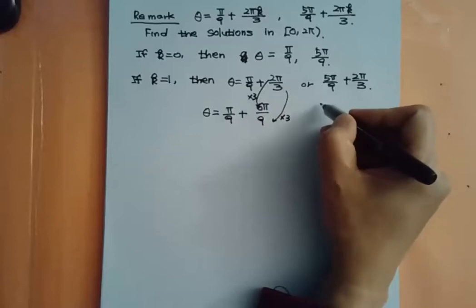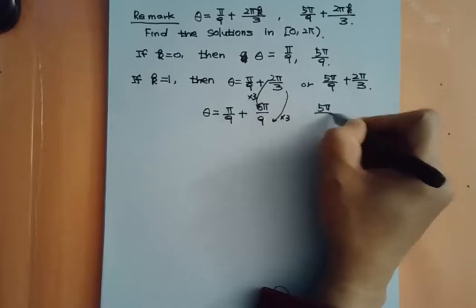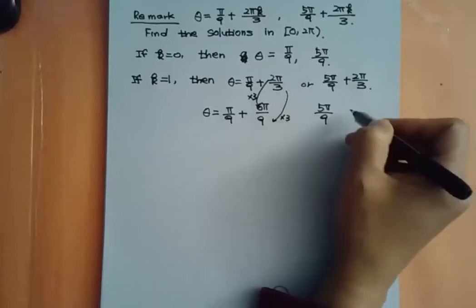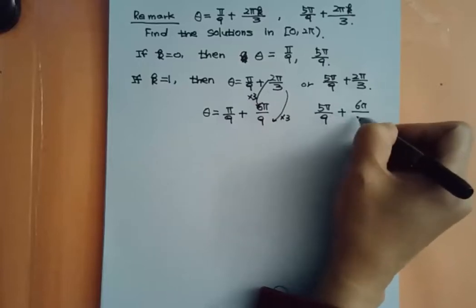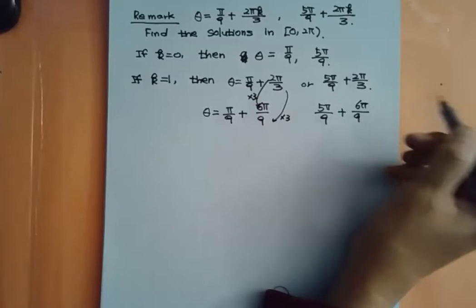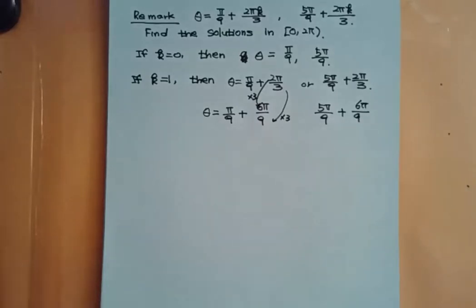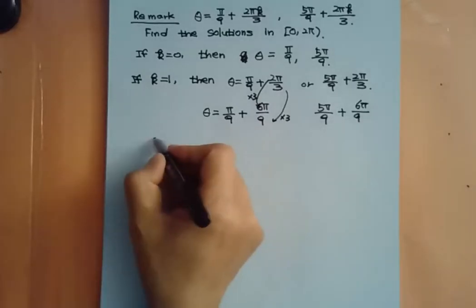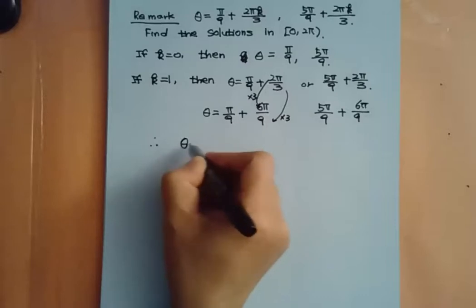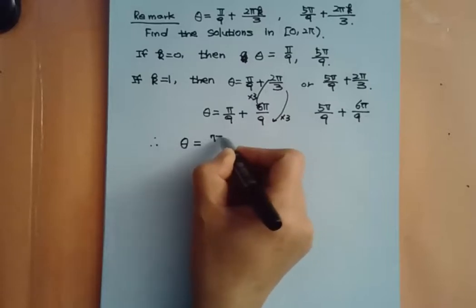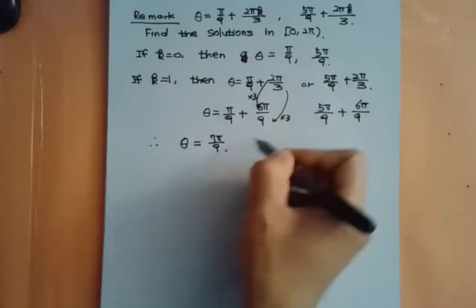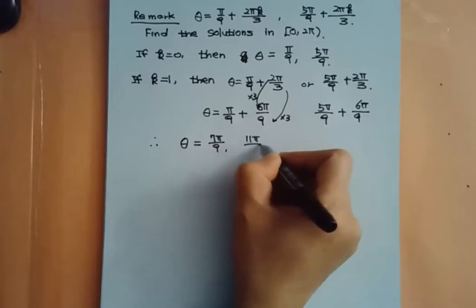And we do the same thing for the next one, 5 pi over 9 plus 6 pi over 9.